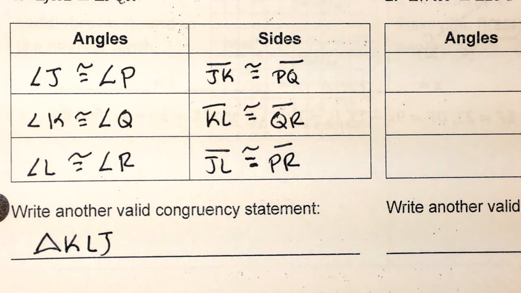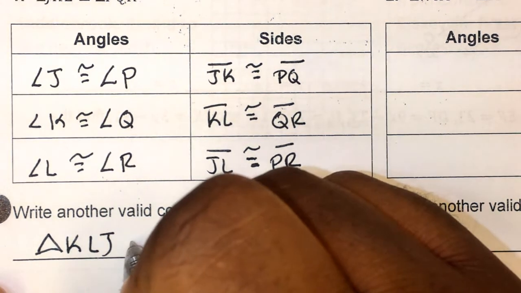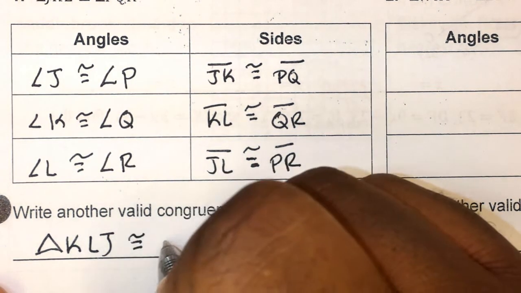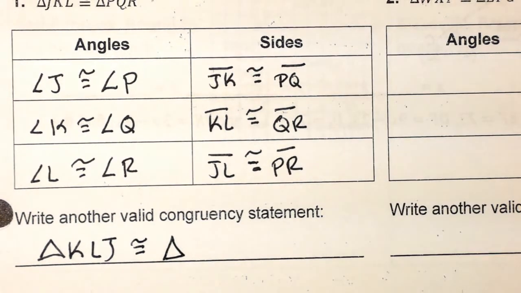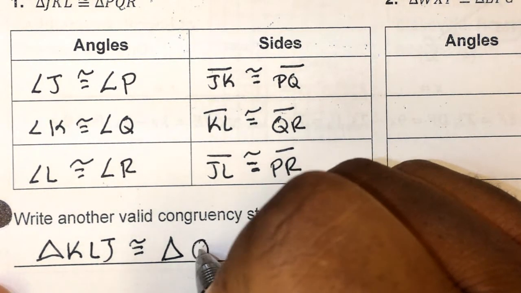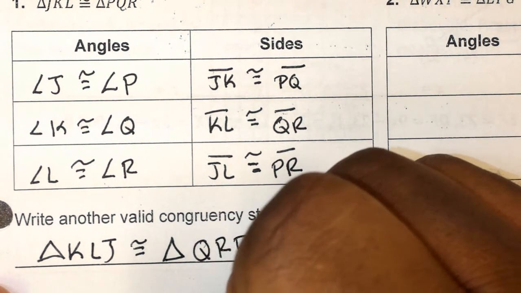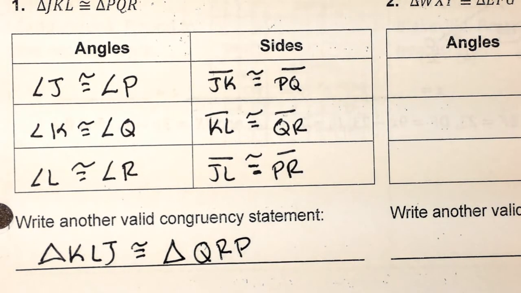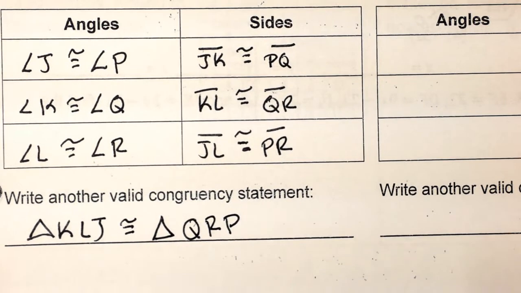If I call that first triangle KLJ, what would I have to call that second triangle for this congruency statement to stay valid? Thank you. QRP. I can rename them like that and everything is still going to match up. Doesn't matter how you start, it matters how you finish.